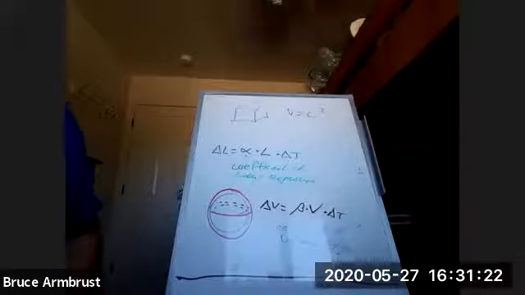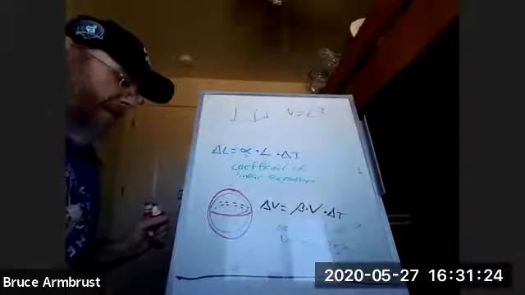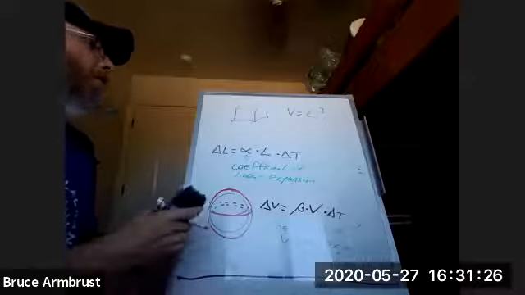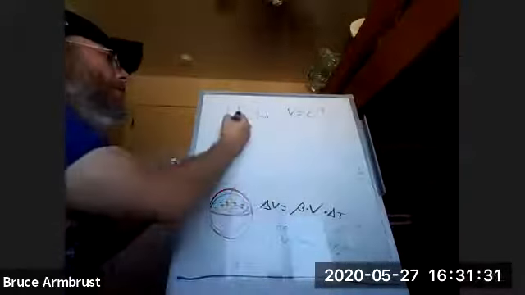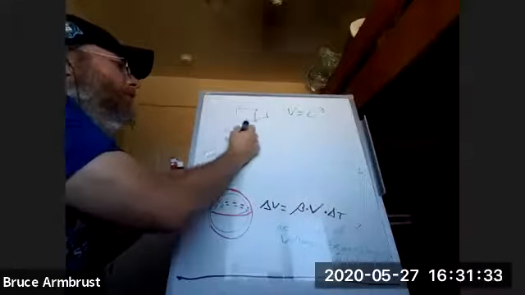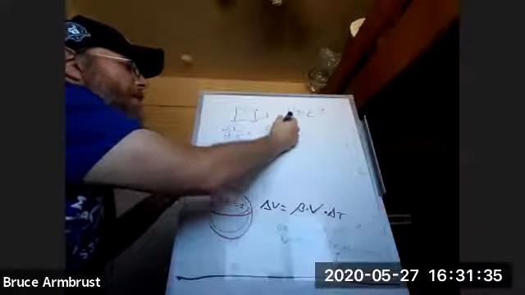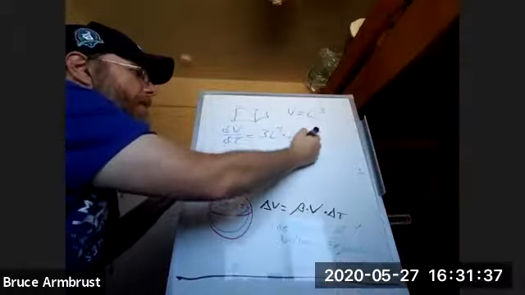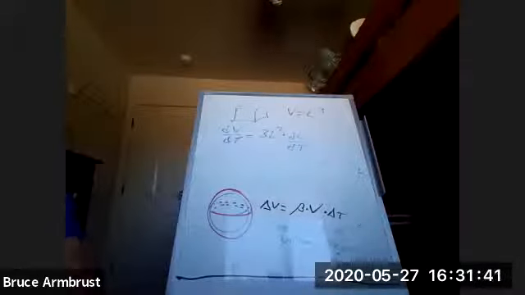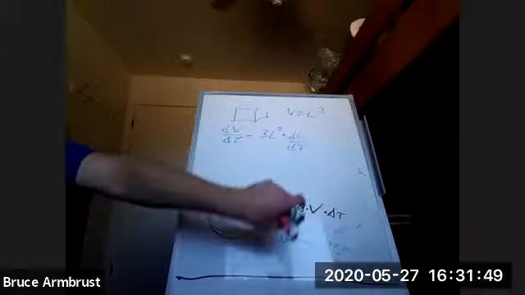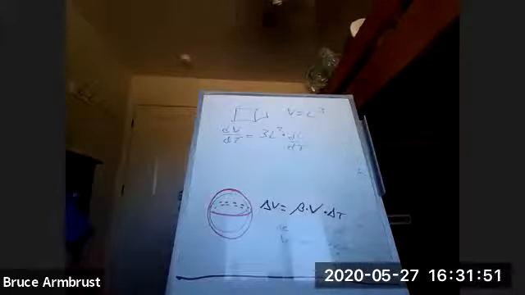So if I want to look at dV dt, if I differentiate this, I'm going to get 3L squared times dL dt. And that's from chain rule, right? We throw in that dL dt because of chain rule.